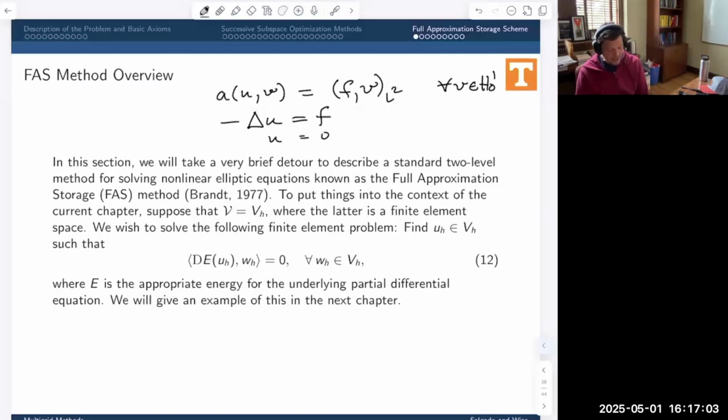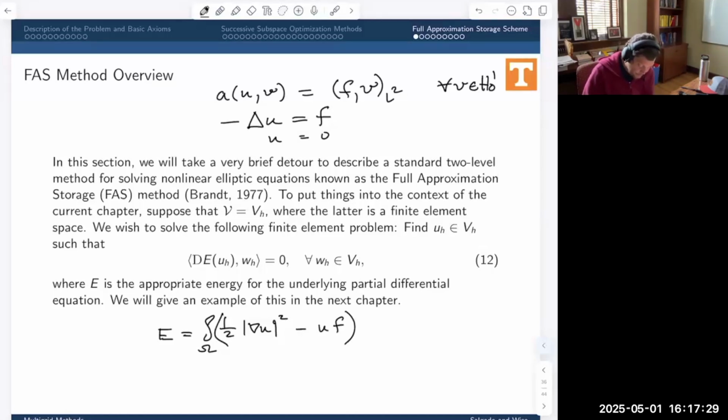But I can come up with an energy where this variational form is the Euler equation for this weak form. So it is precisely 1/2 the gradient of u, or nabla u squared, minus u times f. So that's the energy.